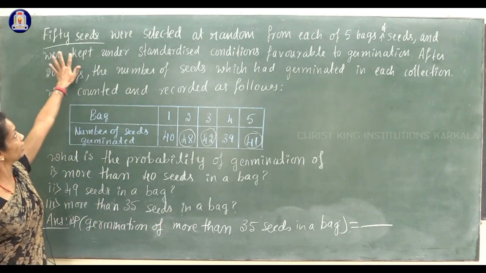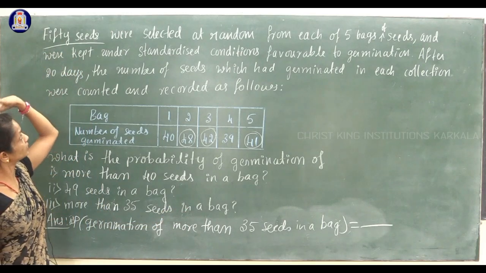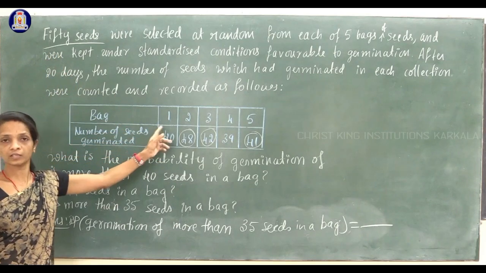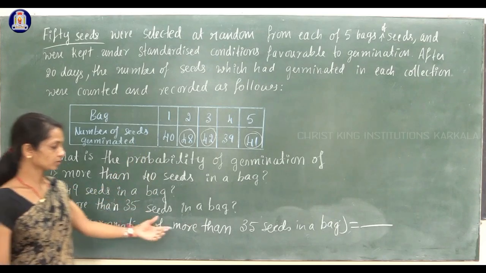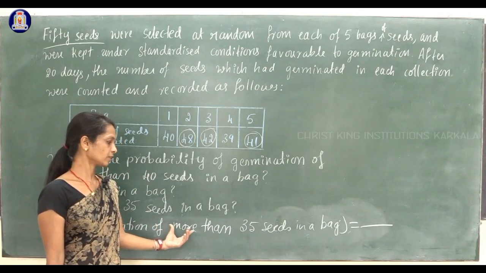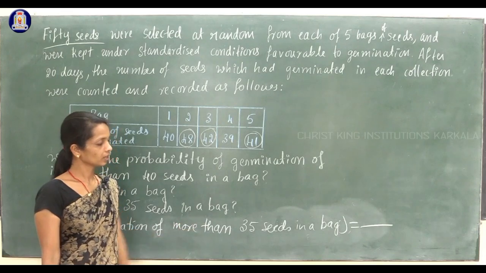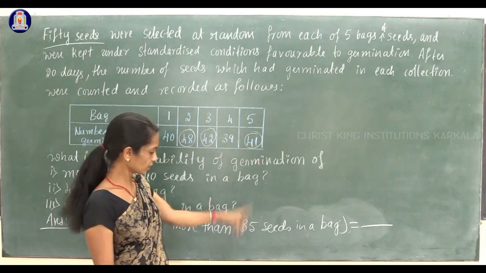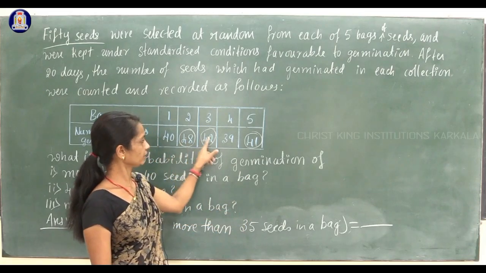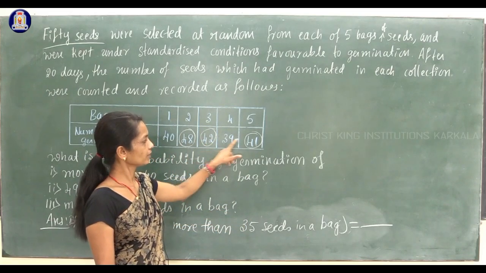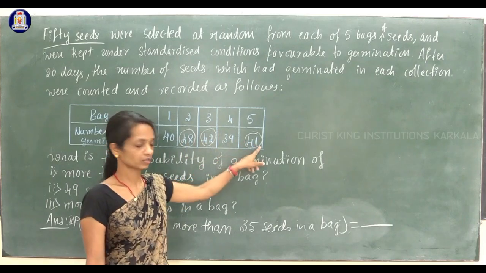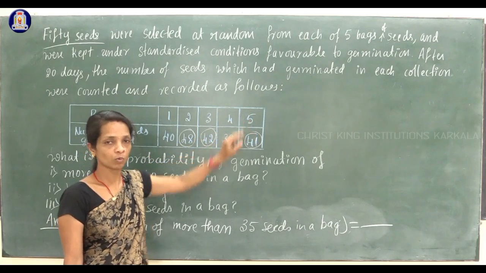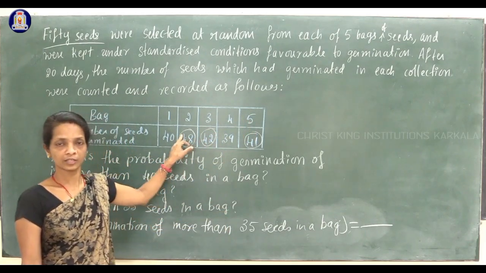Each bag actually has 50 seeds. In that, how many germinated seeds are there? That is given in the table. You can see that all these numbers are more than 35, right? 40, 48, 42, 39, 41, all these numbers are more than 35, meaning all 5 bags contain more than 35 germinated seeds.